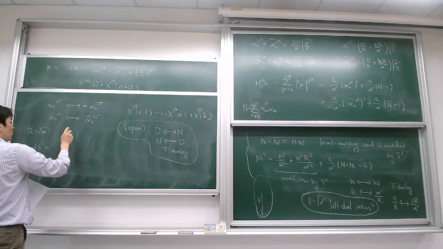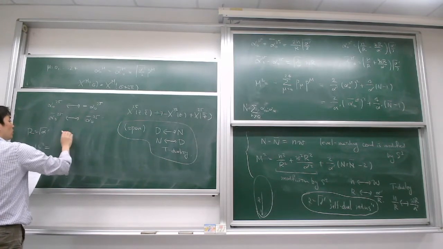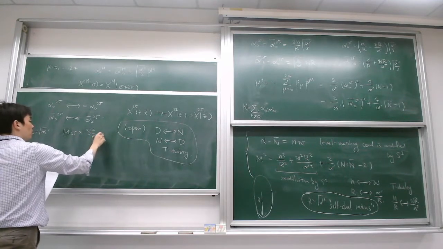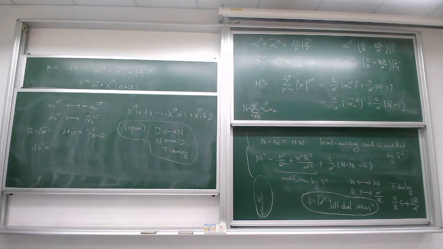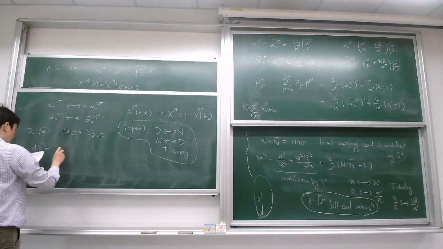So if you put the circle in, you have M25 times S1 with radius square root alpha prime. We'll consider bosonic string on some manifold M25, whose metric is given as follows.